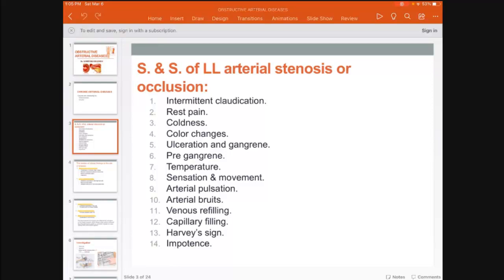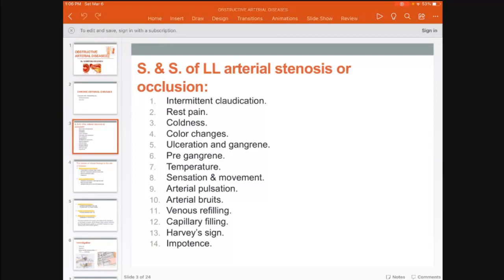Second, during your examination, it is very important to do venous refilling and capillary filling with Harvey's sign. Harvey's sign is how to empty the vein and see the rapid return of filling. The refilling time should not be more than 1 to 2 seconds.